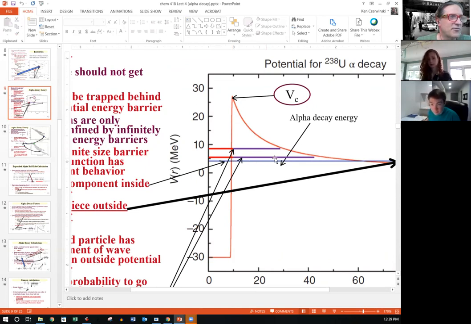It has to tunnel through the barrier to get out of the nucleus. Now, this is a 4 MeV, or this is a 6 MeV alpha particle. This is like an 8 MeV. That's why the half-lives are shorter for the higher energy alpha particles. They're at higher energy, so the barrier that they have to penetrate through is smaller.